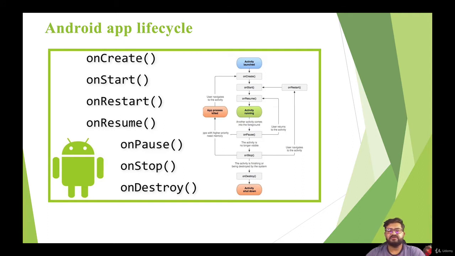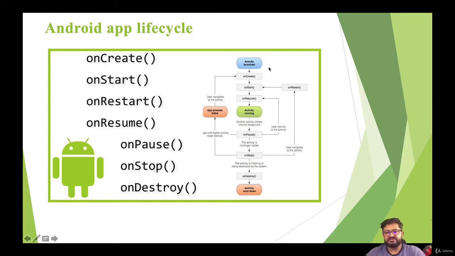These are the events called by the Android application when someone clicks on the Android app icon in your Android mobile. The first method that is called is onCreate, then onStart, and then onResume. onRestart is only called when the application is already running in the background, otherwise it will not be called.